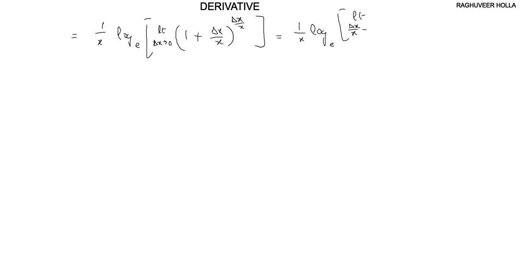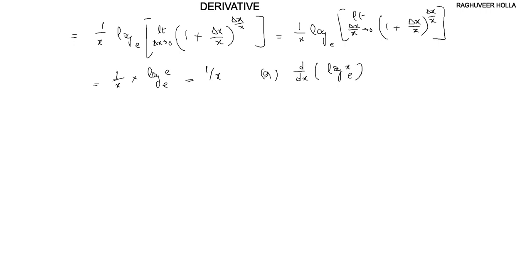And this I can also write as limit delta x tends to 0, so delta x by x also tends to 0, 1 plus delta x by x to the power of delta x by x, right? So this is 1 by x multiplied log e to the base e, which is 1. So this is 1 by x, or d by dx of log x to the base e is 1 by x.